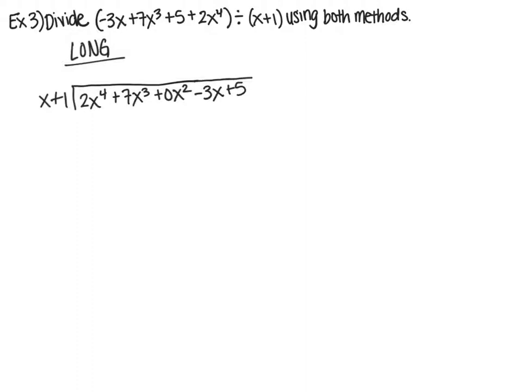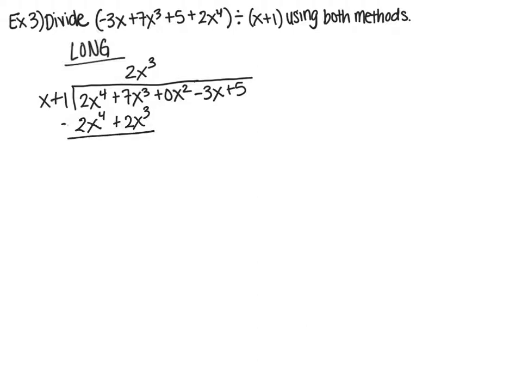All right, now we are going to take this x and divide it into 2x to the fourth, and that is going to get us 2x cubed. So 2x cubed times x plus 1 will get us 2x to the fourth power plus 2x cubed.